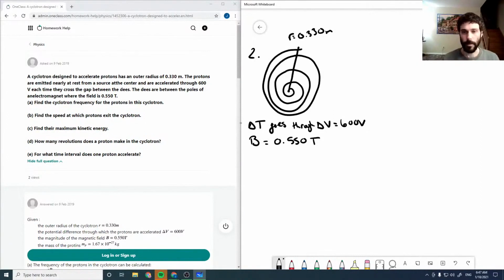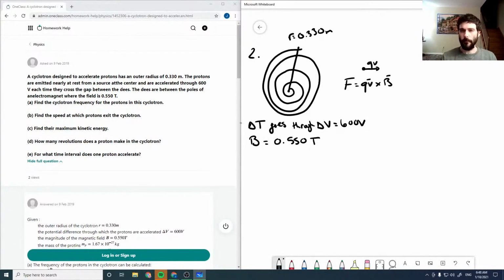So the B field must be out of the page. So from our right-hand rule, if our proton is moving to the right, QV, and our B field is out of the page, then our force is QV cross B. Now this doesn't matter too much for what I've drawn here, other than just for consistency.